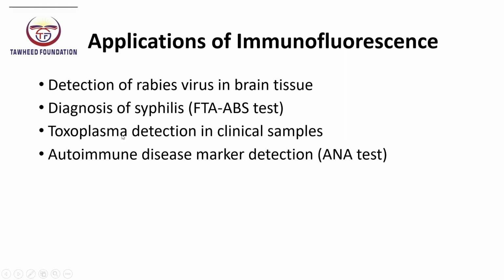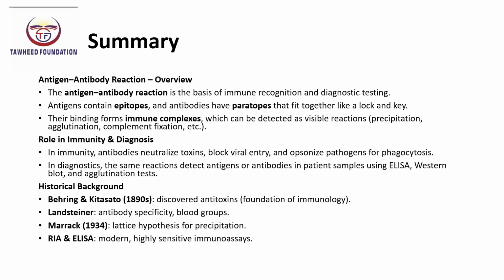Detection of Toxoplasma gondii in clinical samples also relies on fluorescent-based assays. In autoimmune diseases, indirect immunofluorescence is used to identify antinuclear antibodies, that is the ANA test, in conditions like systemic lupus erythematosus. Thus, immunofluorescence combines high sensitivity and visual precision, making it indispensable in diagnostic laboratories worldwide.